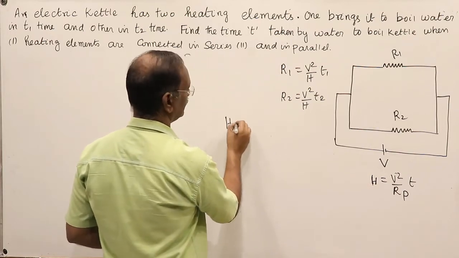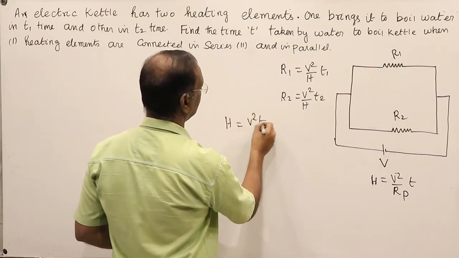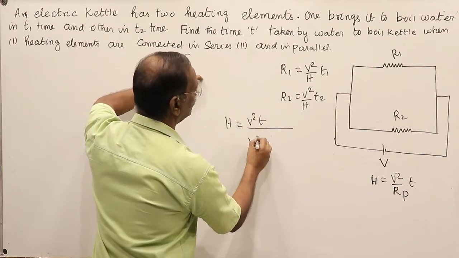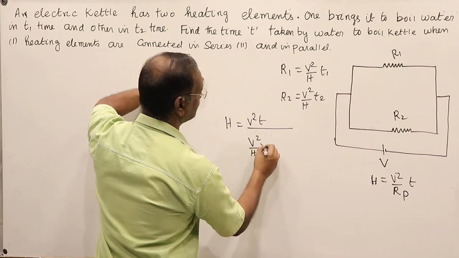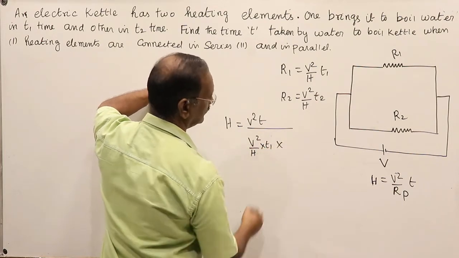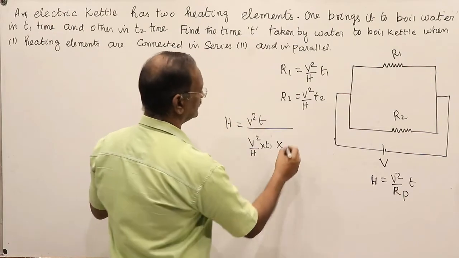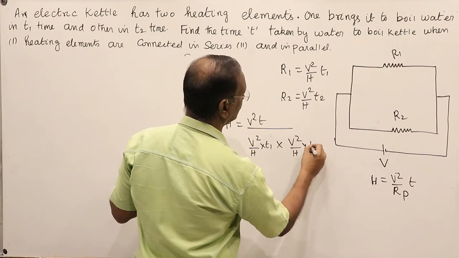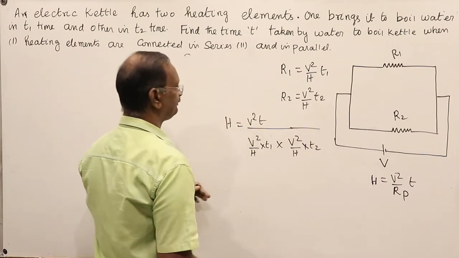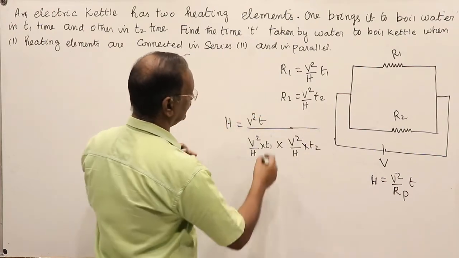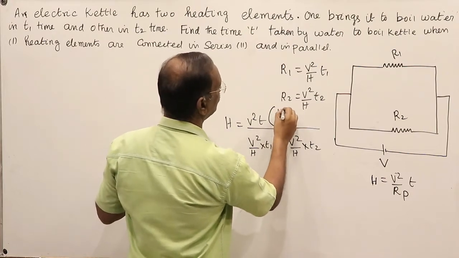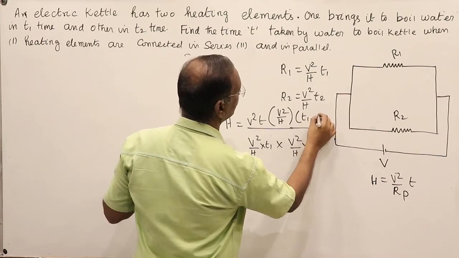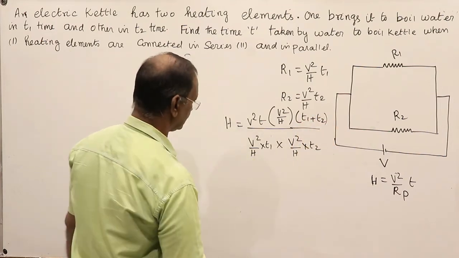Therefore, H is equal to V square T divided by R parallel, where R parallel is R1 R2 divided by R1 plus R2. Substituting R1 and R2, the V square by H terms can be taken common, giving T1 plus T2 in the denominator.